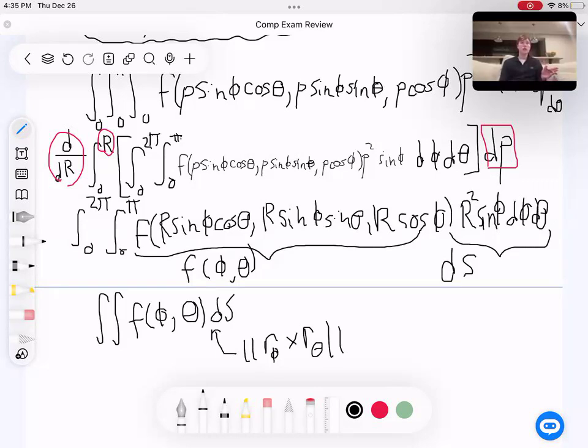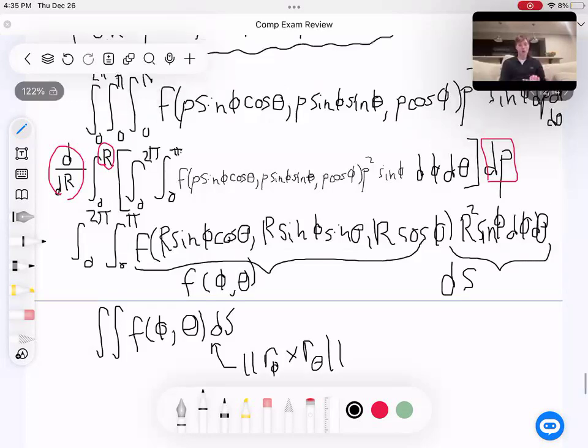We have to have a closed surface, and we also need to ensure that the vector field is continuous and differentiable on the entire region. However, this is not the divergence theorem because this is a surface integral of a scalar field. This is f of phi and theta. It is not a vector field. So that is an important clarification.